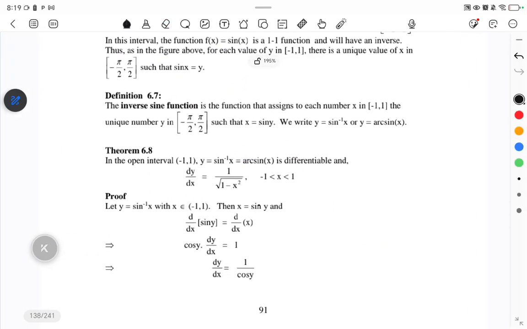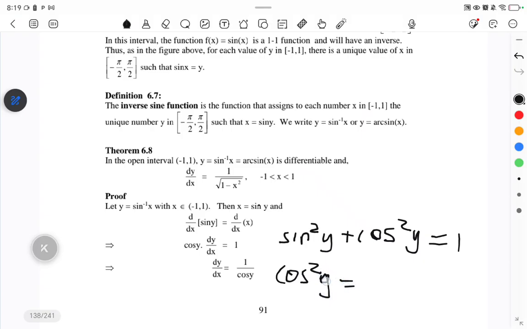And then from here, we know something from grade 12. We know that sine squared y plus cos squared y is equals to 1. If I take sine to the other side, I'll have cos squared y is equals to 1 minus sine squared y.